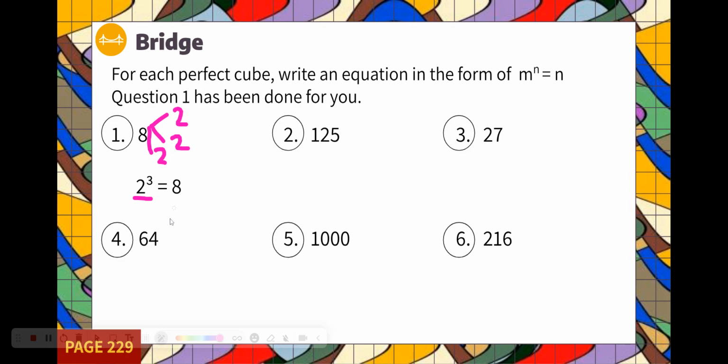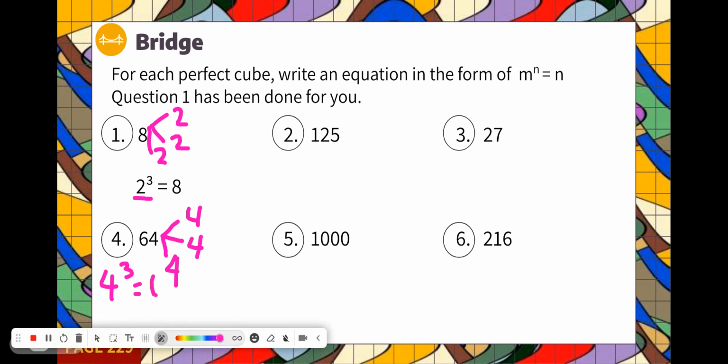Got that? Let's have 64. If I think of a number that multiplies 3 times that will give 64, the answer is 4. 4 times 4 is 16, times 4 is 64. So the answer will be 4 raised to 3 is equal to 64.